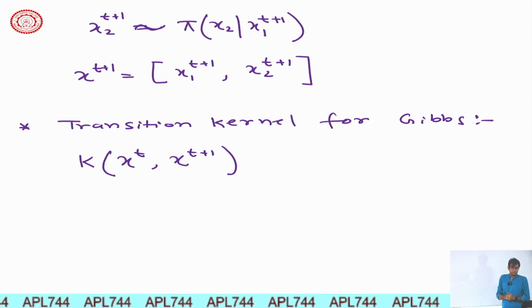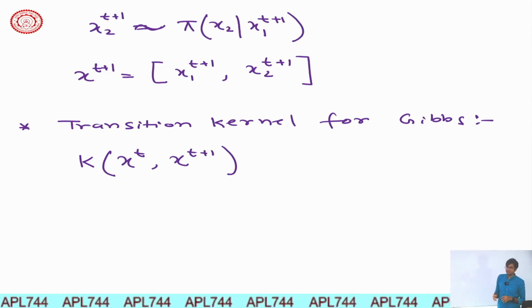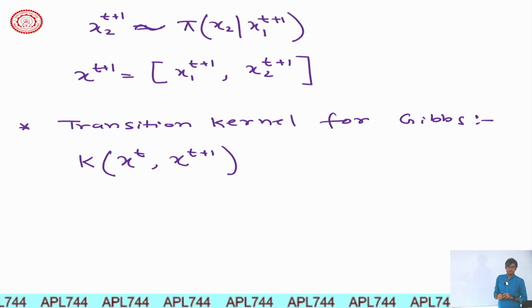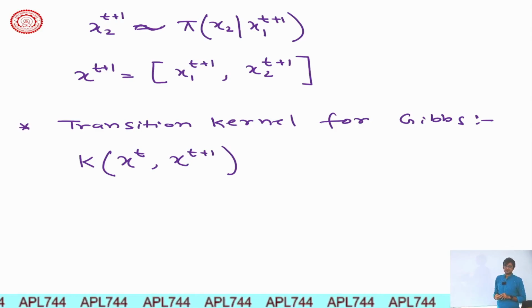So tell me what this probability is equal to. From the algorithm you should be able to tell me. What is the transition kernel? Don't go to Metropolis Hastings, you will not get any similarity with that. Just a clue I am giving. Just look at the algorithm. Metropolis Hastings and this have no similarity.